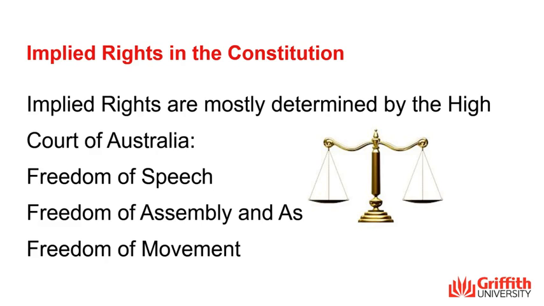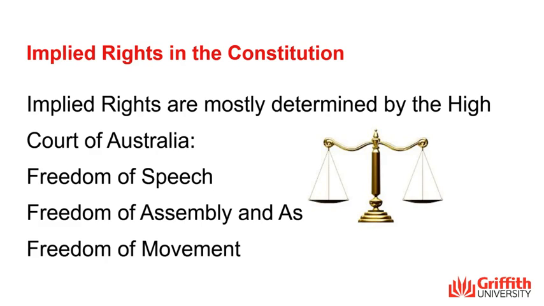In 1992, the High Court of Australia decided that Australia's form of parliamentary democracy, dictated by the Constitution, necessarily requires a degree of freedom for individuals to discuss and debate political issues, which is the very issue that was determined by the High Court in the case of Australian Capital Television Proprietary Limited and the Commonwealth, which is a 1992 case.